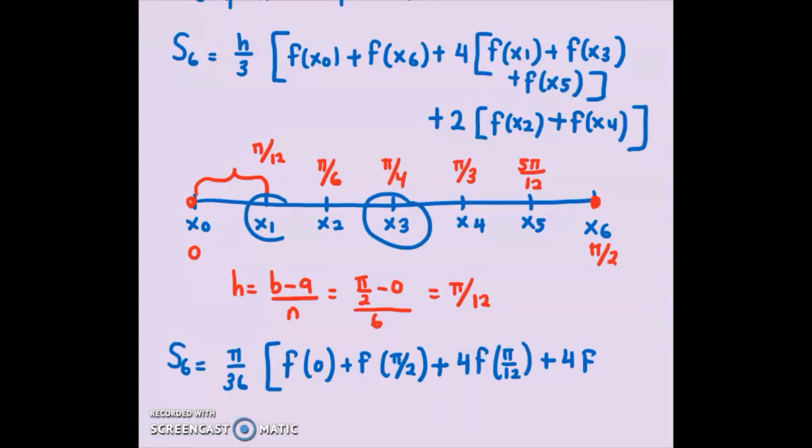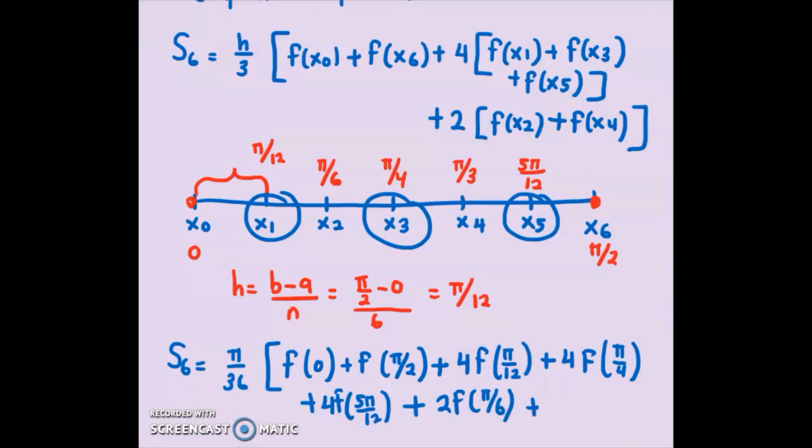Like I say, all the odd intervals times 4. x3 is pi over 4, plus 4 times f of 5 pi over 12. Now plus 2 times, for the even intervals, pi over 6 and pi over 3, we have 2 times f of pi over 6 plus 2 times f of the last one, pi over 3.